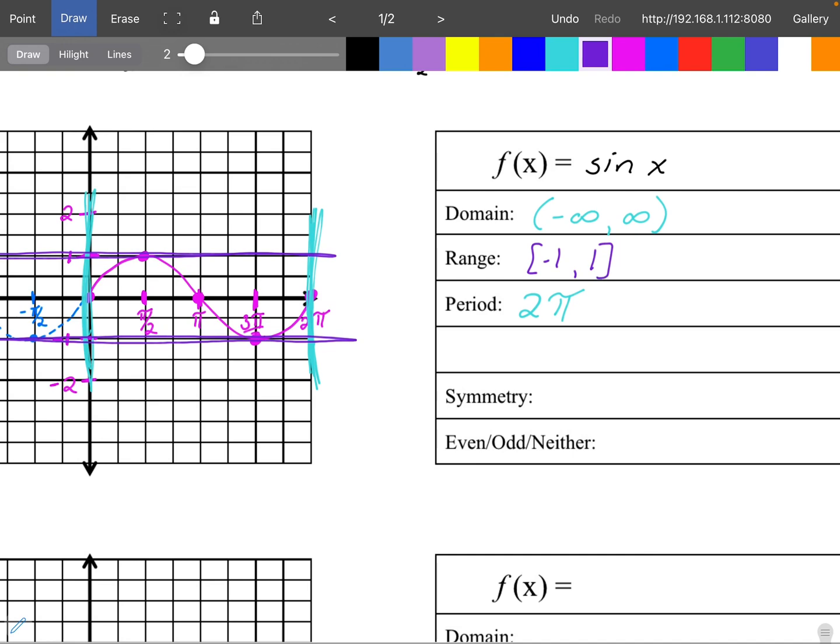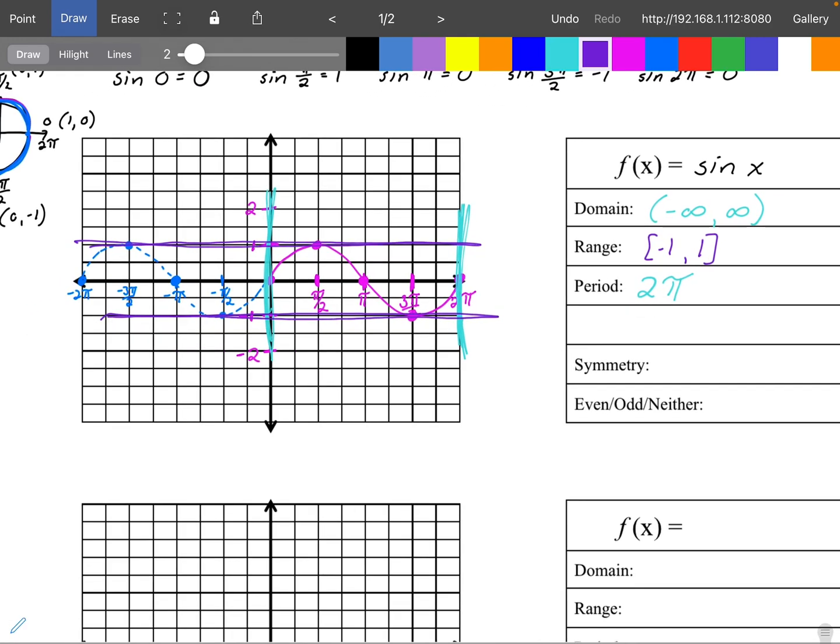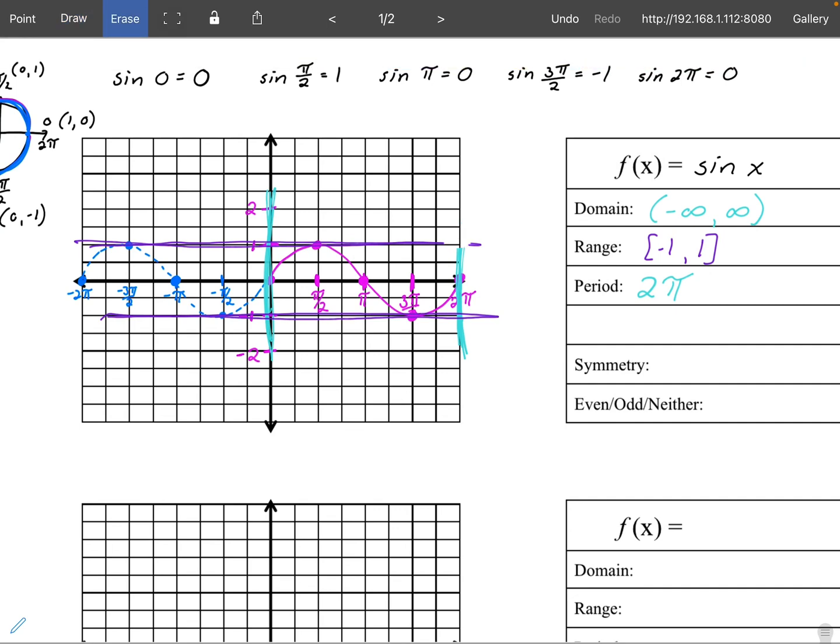Now, what about symmetry? So if we think about symmetry, remember we can have x-axis symmetry, y-axis symmetry, or origin symmetry. So look at our graph without all of my little lines in here, and let's think about what that would look like if I tried to fold it on the x-axis, fold it on the y-axis, or for origin, if I tried to rotate that thing around the origin.